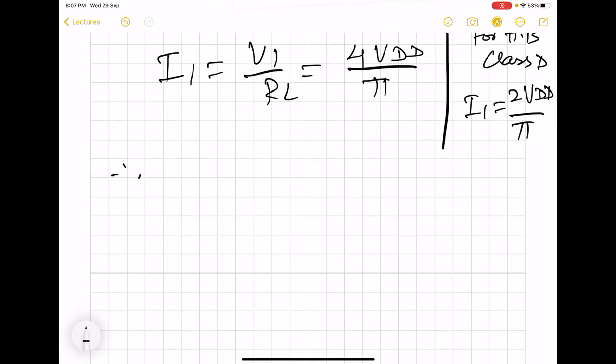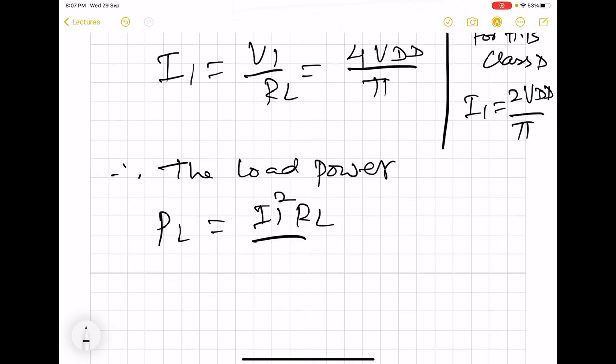So therefore, the load power in this case, PL is I1 square RL by 2.